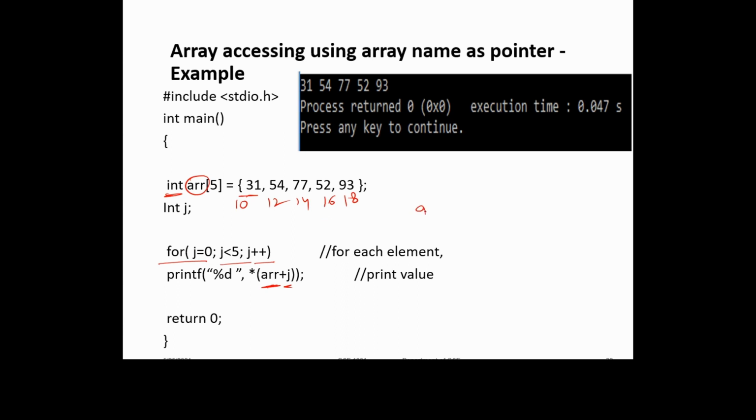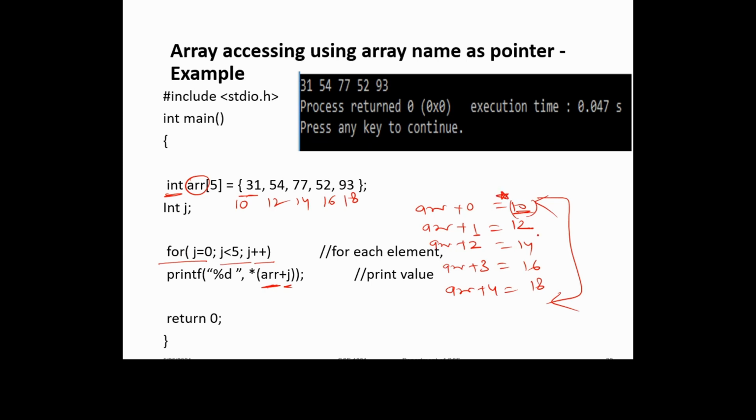So array + 0 equals 10, array + 1 equals 12, it is 1 into 2, array + 2 equals 14, array + 3 equals 16, and array + 4 equals 18, like this. These are the locations, and we are using the dereference operator *, so *10 means the value at that particular address 10. So that will be printed here.